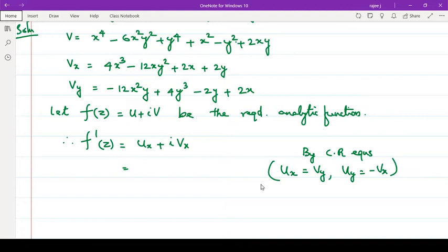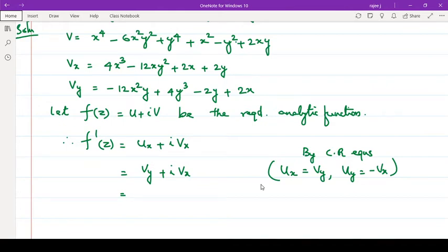Here we don't have u, so instead of ux we will write vy plus i vx. Be very careful here, it is not vx and then vy, it is vy plus i vx.